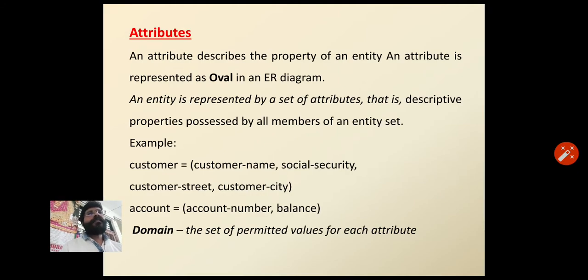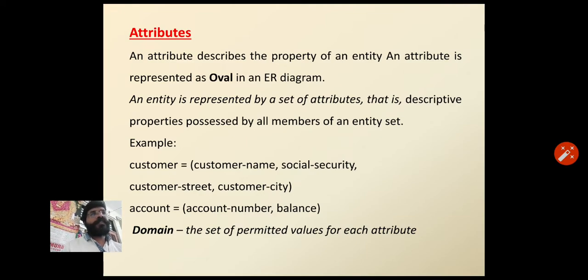Attributes describe the properties of an entity. An attribute is represented as an oval symbol in the ER diagram. That means a property of an entity is an attribute.